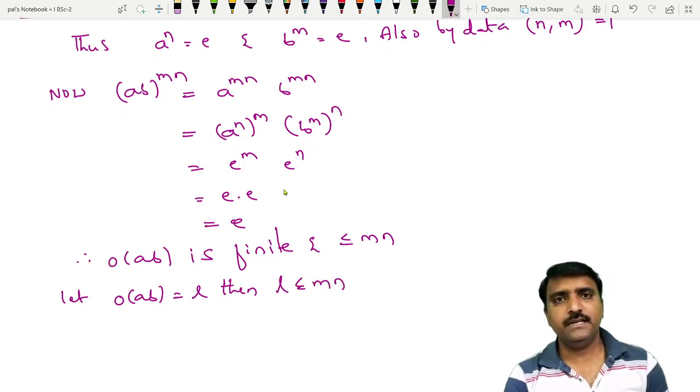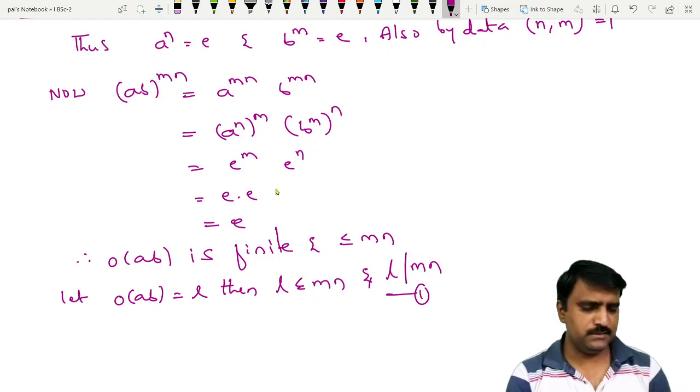And one more condition, by using the property: AB to the power of L gives the identity element, and AB to the power of mn gives the identity element. If L is the order, then L must divide mn. L divides mn. You take this as 1.